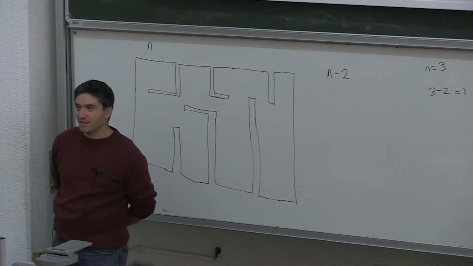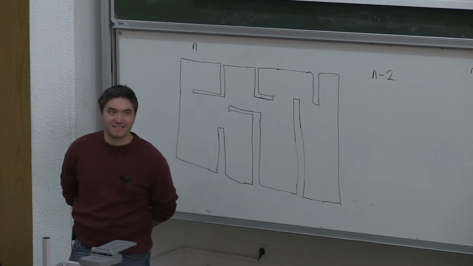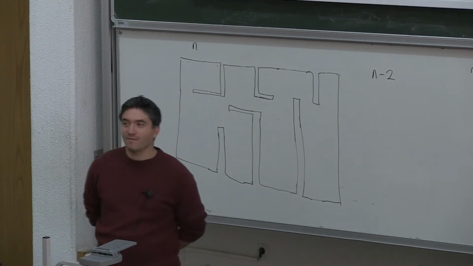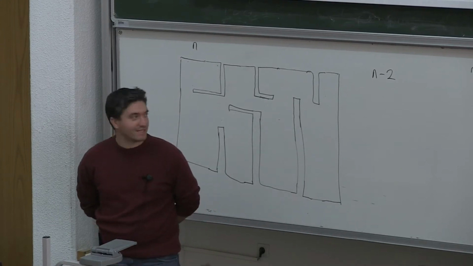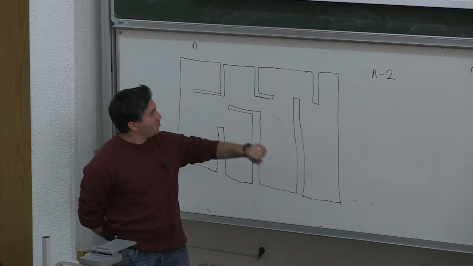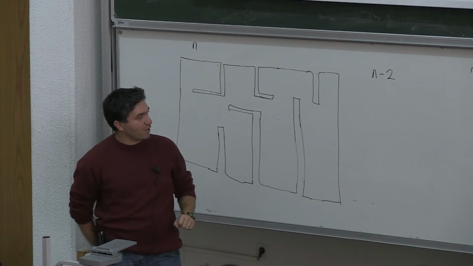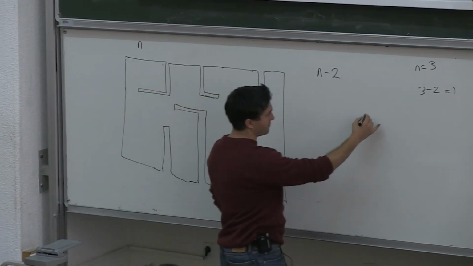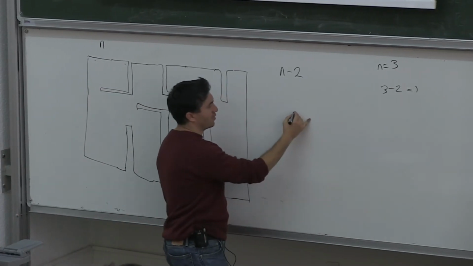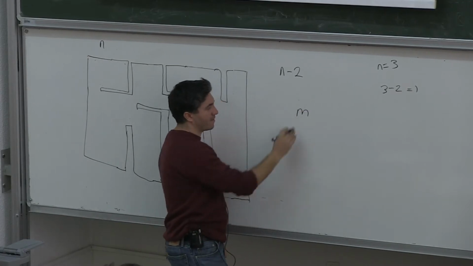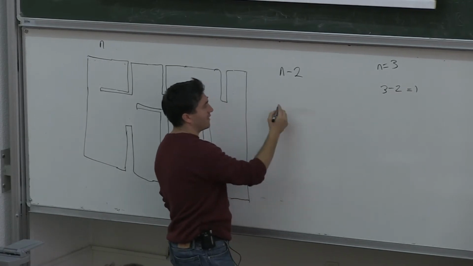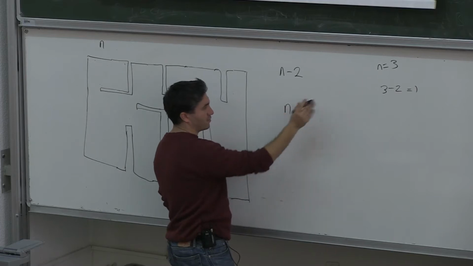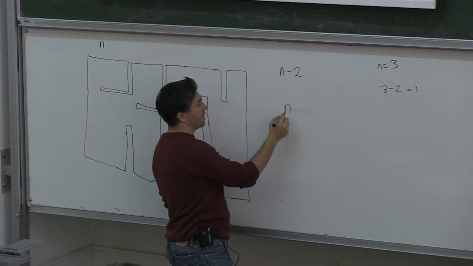Now, the induction is really a nice induction. It's going to prove that there are n-2 triangles in a polygon. First, let's assume that we have a polygon with n vertices. This is the base case and the induction hypothesis.